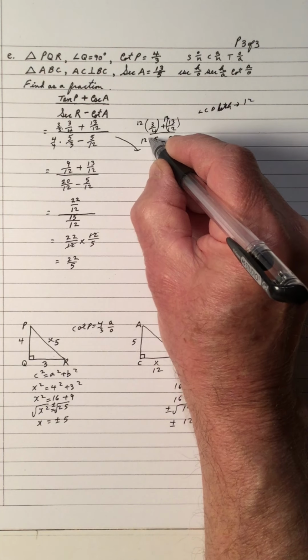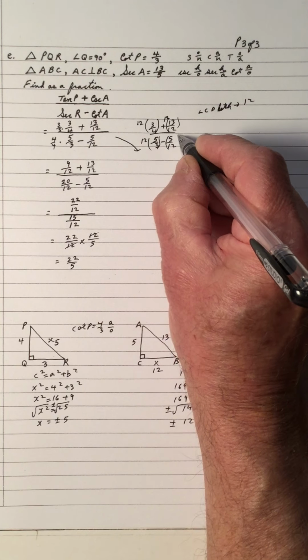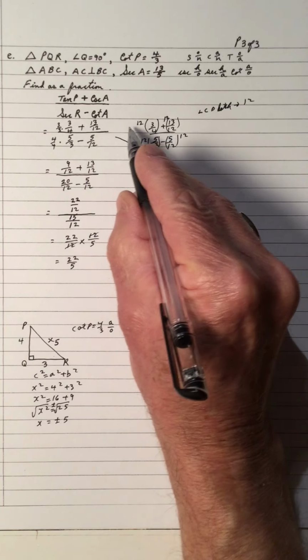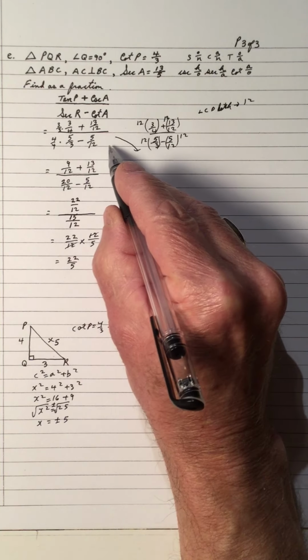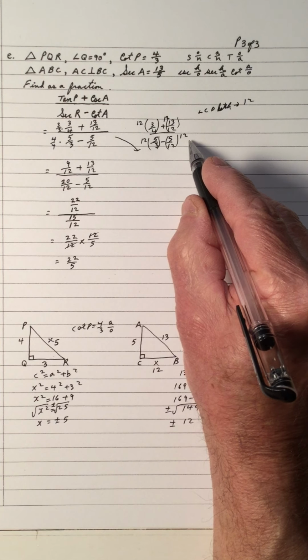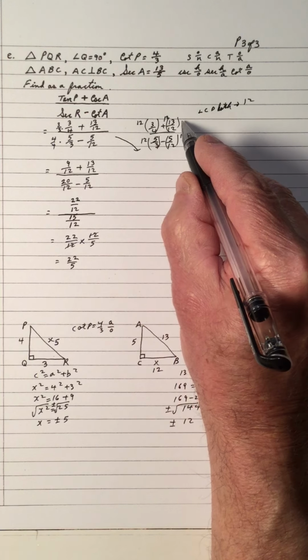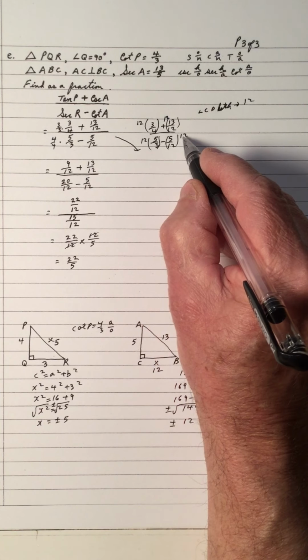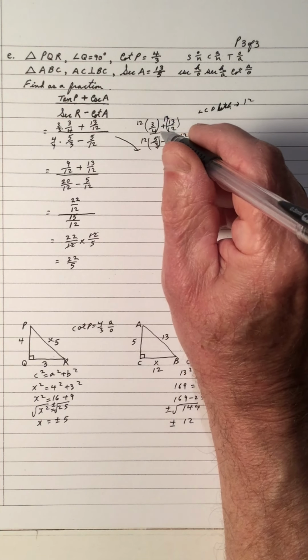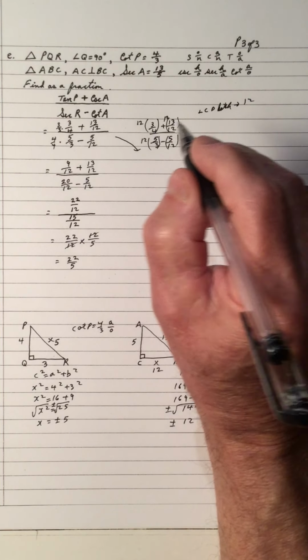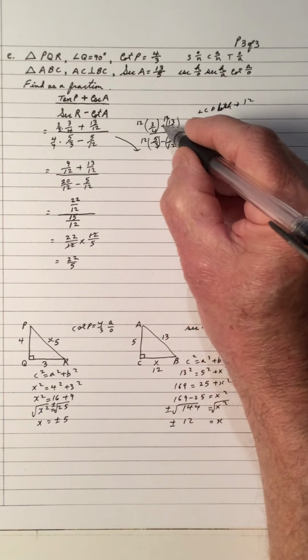So we're going to multiply every term by 12. If you multiply the top by 12 and the bottom by 12, you're keeping the balance. I multiply all terms, every term by 12, and that keeps it balanced. Because I multiplied by the LCD, every denominator will cancel.